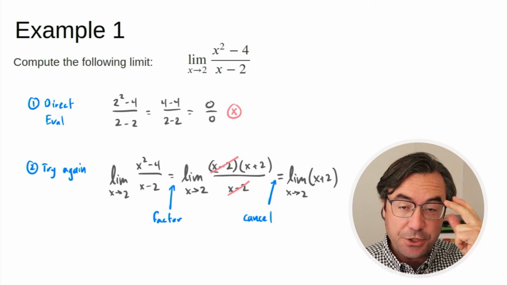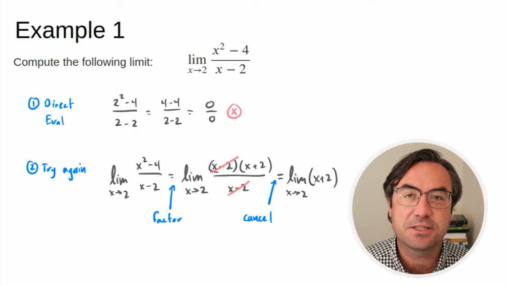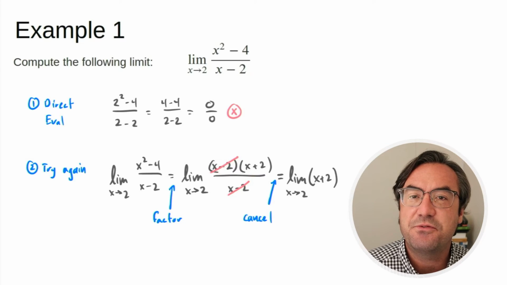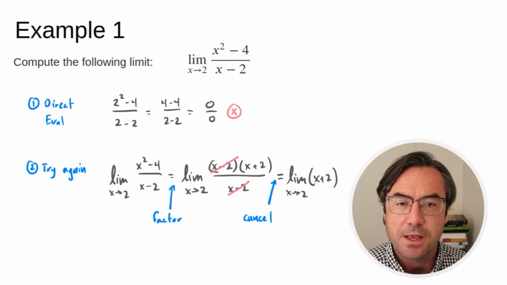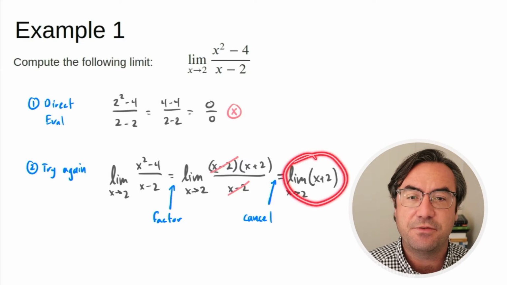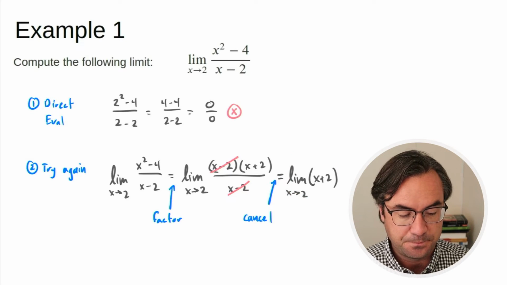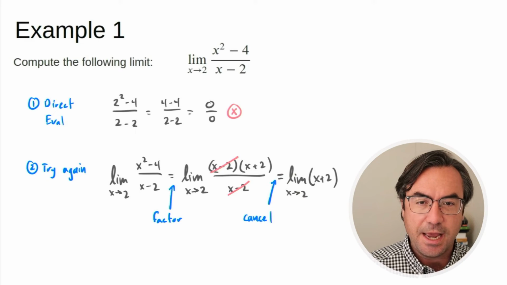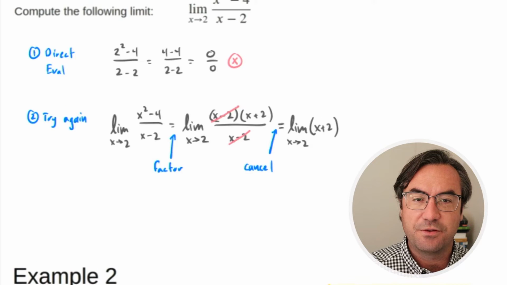As soon as we do this canceling step, as soon as we cancel out those offending factors that were giving us 0 and 0, then we retry direct evaluation with all the stuff that we have left. And when we do that, we're going to finish it off.